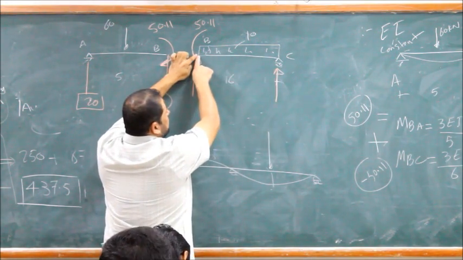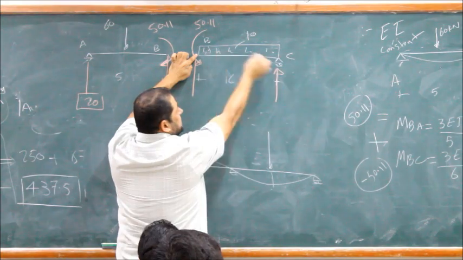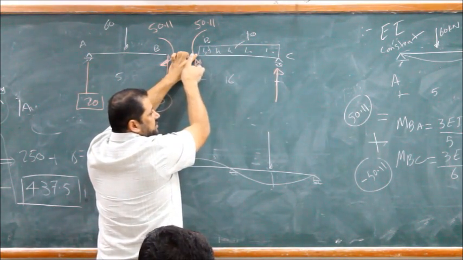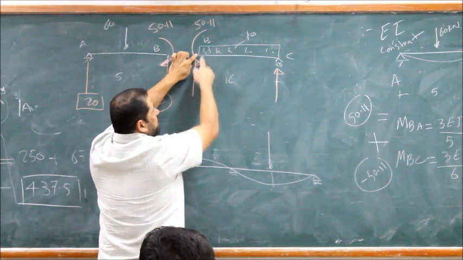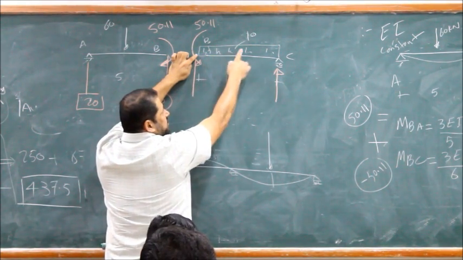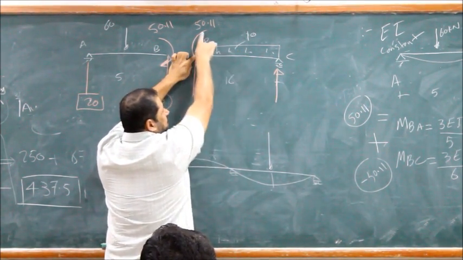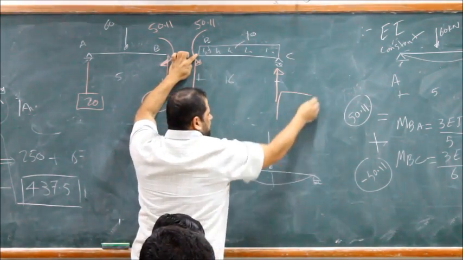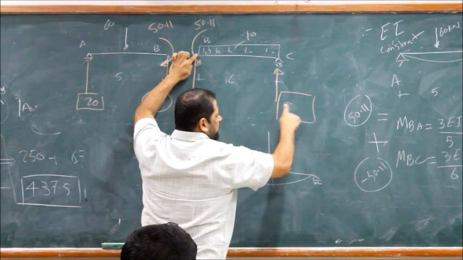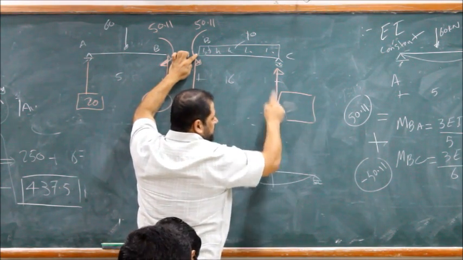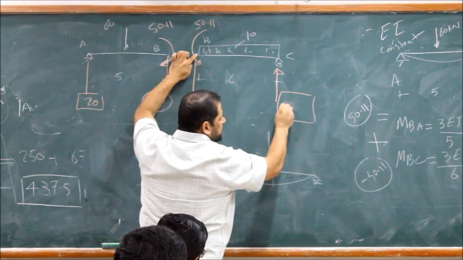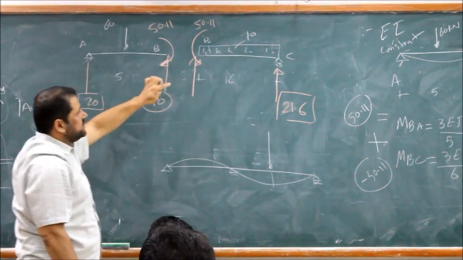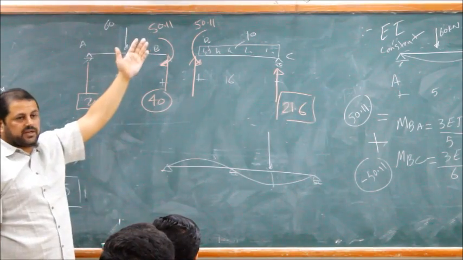I have 10 times 6 times 3. That's this way. Look. And the 50 is counter. So 60 times 3 minus 50.11 divided by 6 gives you this. Should be up. How much? 21.6. Sum of the forces in the y direction equal to 0.